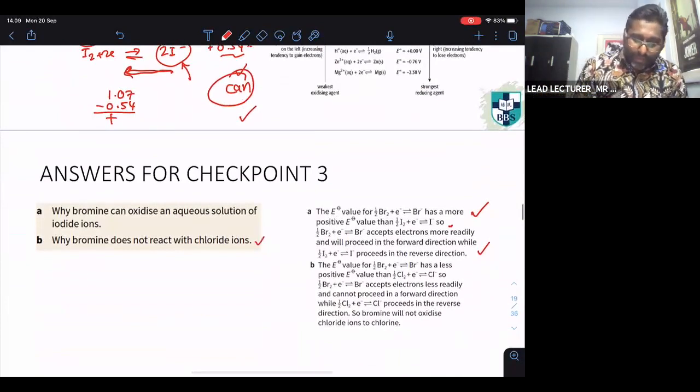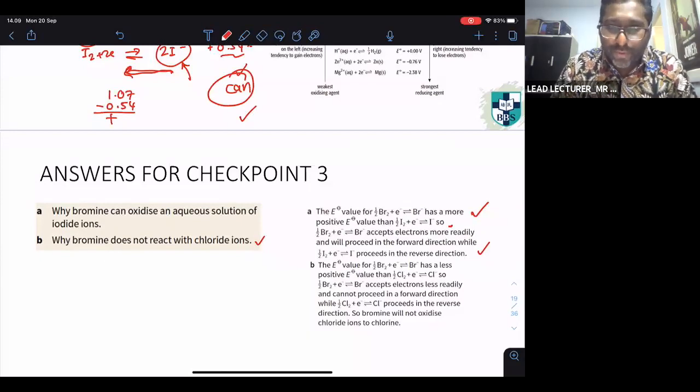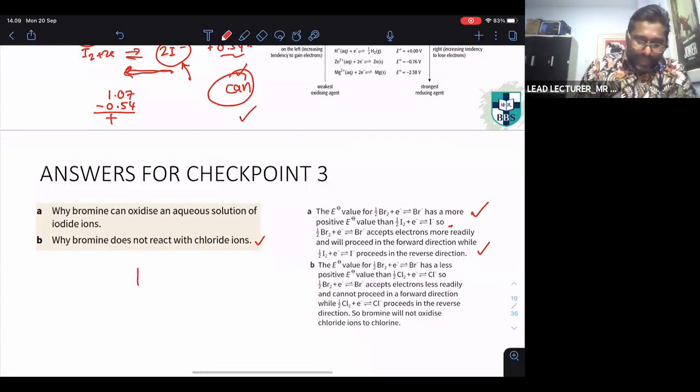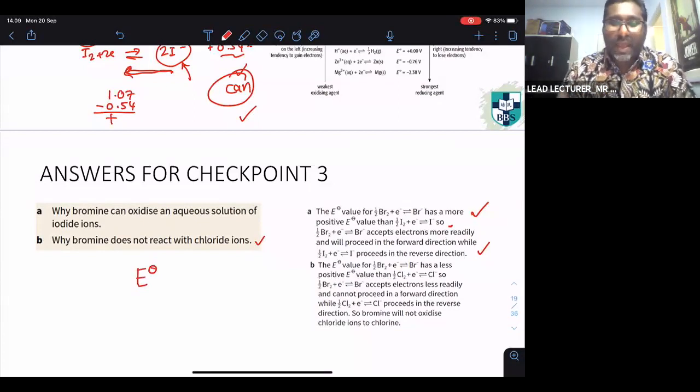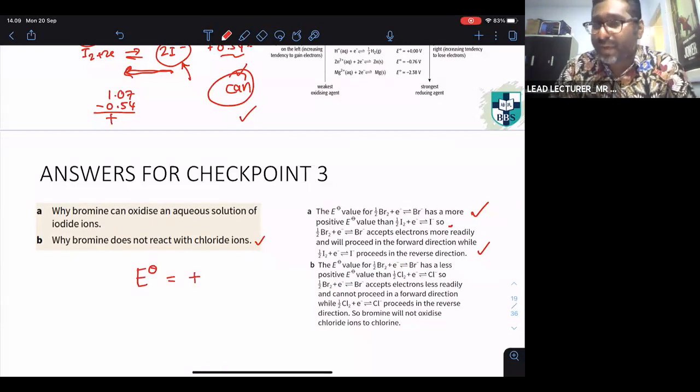And why this one doesn't react, you just explain why. You can explain from 2 points of view. But whatever way you explain, if you're using the calculation method, you must mention that the total E value is going to give you positive, then it's feasible.